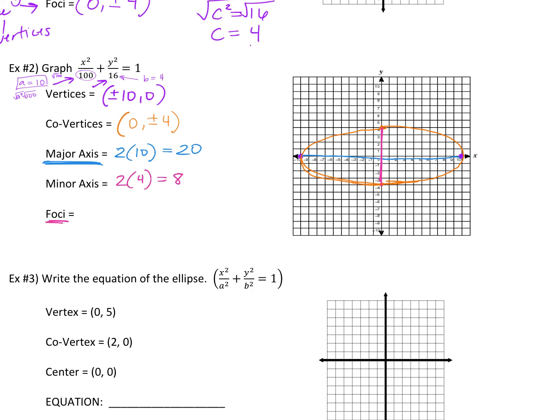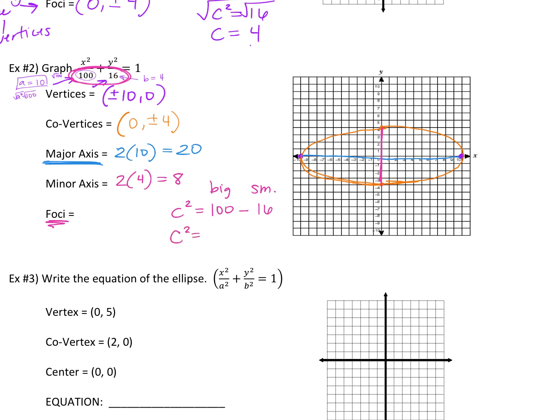Okay, so now the foci. C squared is going to equal the bigger minus the smaller. What's your bigger up here? 100, right? So it's a squared minus b squared. So 100 minus 16. So simplify that. You get c squared.